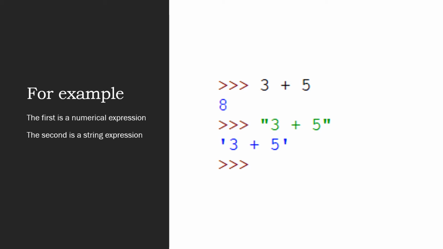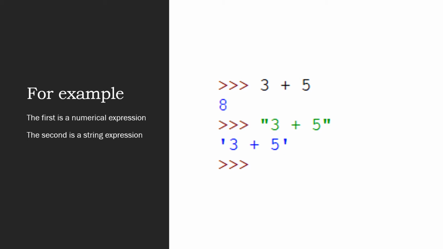So here's an example of the difference between a numerical expression and a string expression. In the first example, 3 plus 5, I haven't put any quote marks. So that tells the computer I want it to treat that expression as a numerical expression. And it's evaluated 3 plus 5, the value of that is 8, and so it's shown me 8.